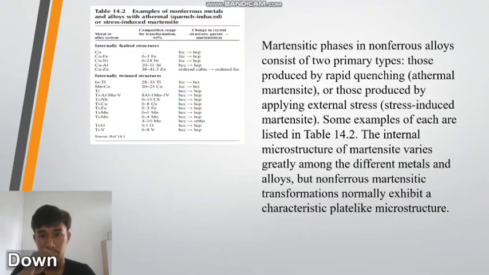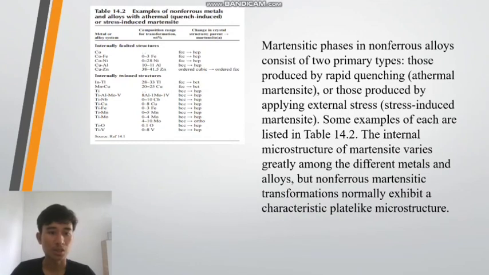Next, table 14.2 shows examples of non-ferrous metals and alloys with a thermal quench induced or stress induced martensitic phase. Martensitic phases in non-ferrous alloys consist of two primary types: those produced by rapid quenching, thermal martensite, or those produced by applying external stress, stress induced martensite.